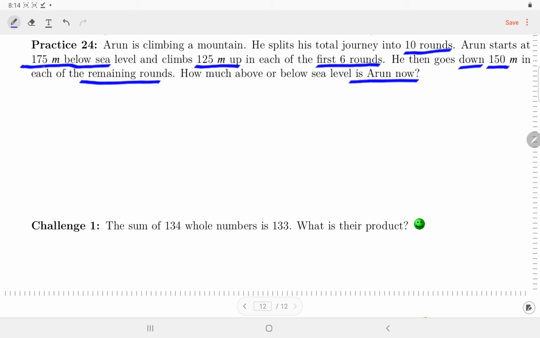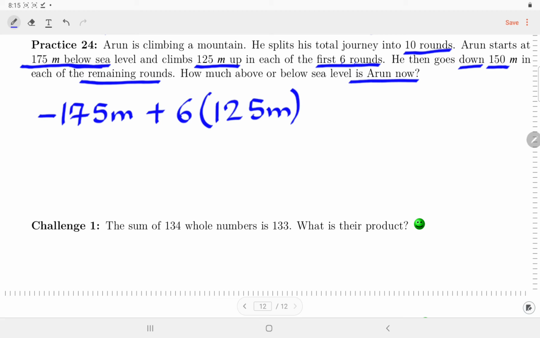Arun starts at 175 meters below sea level. That's negative 175. He climbs 125 meters up. That's plus, in each of the first 6 rounds. That is 6 times 125 meters.